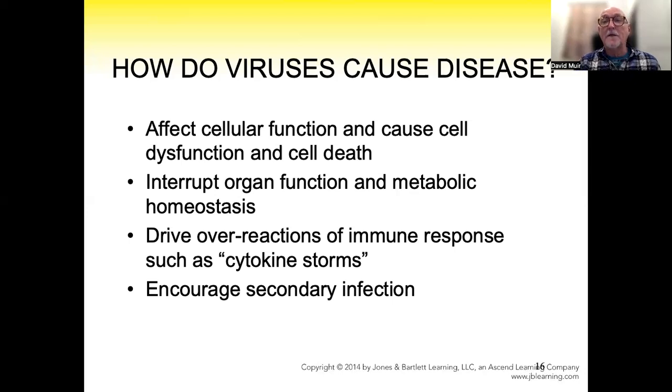In particular, the symptoms of inflammation that we talked about, for instance, when we talked about sepsis and septic shock, similar things start to happen with viral infections. The other thing is that viruses, in damaging tissues, make them very vulnerable. They make them vulnerable to secondary infections, particularly by bacteria.